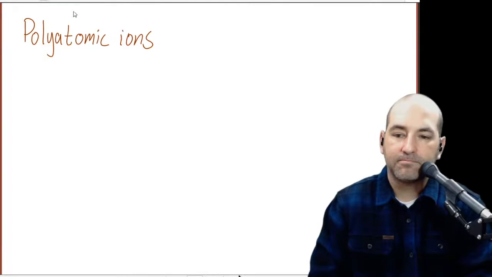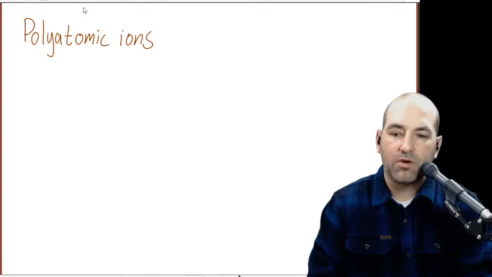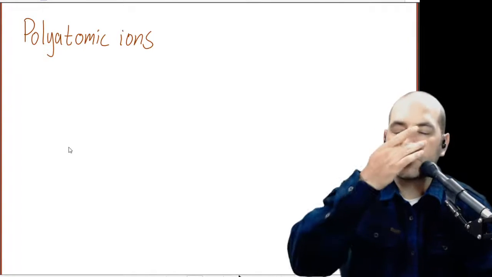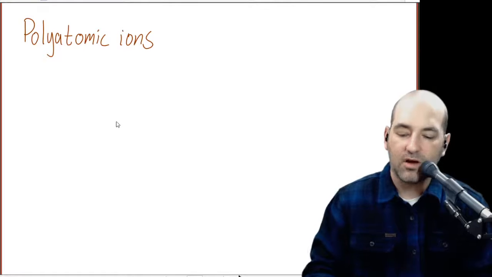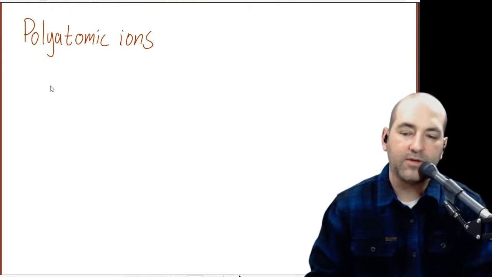In other chemistry classes, these would be required to be memorized, but for our purposes, I'll always give you these. I'll give you a table of them if you need them.